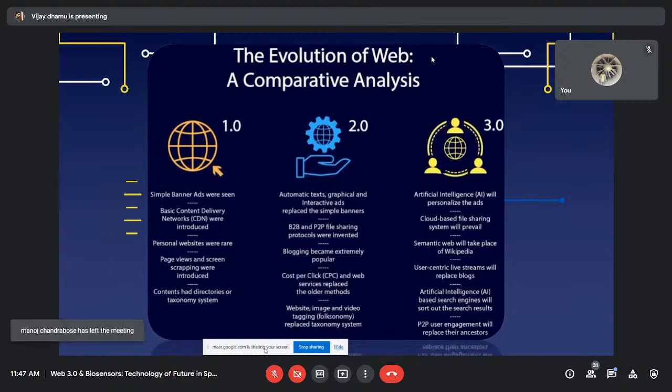If many people are visiting your website, and you have a separate link for, say, a supermarket, where you can buy a certain thing through your website, the number of users meant that your website is visited by a lot of people, and you can earn through that by advertisement. So those kinds of things were happening in Web 2.0, and even online shopping was a result of Web 2.0.